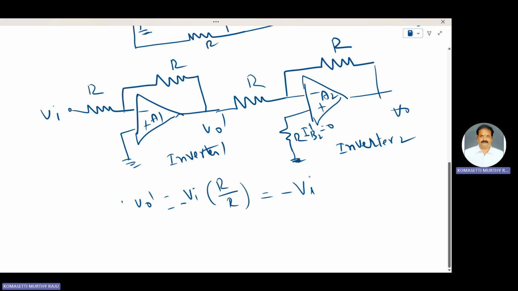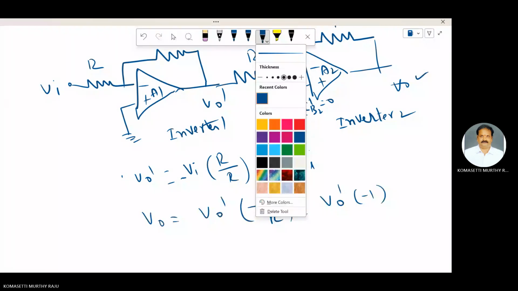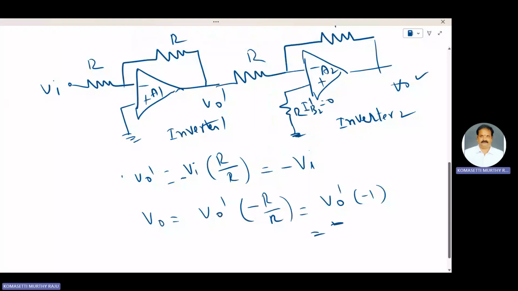Here, output V naught is equal to V naught dash into minus R by R, so V naught dash is minus Vi times minus 1.